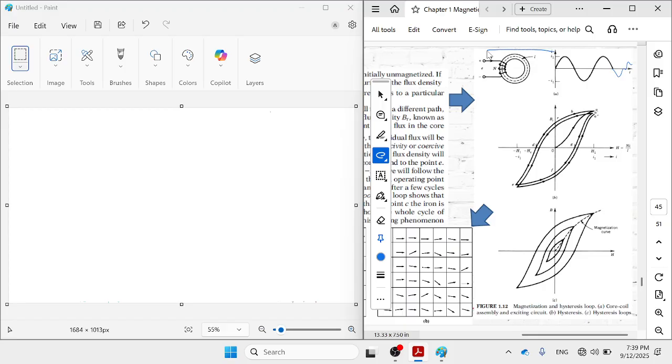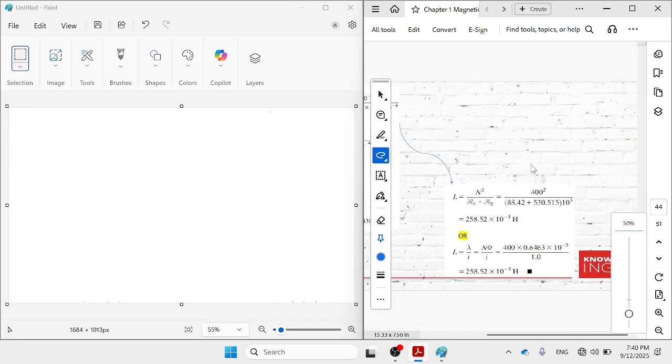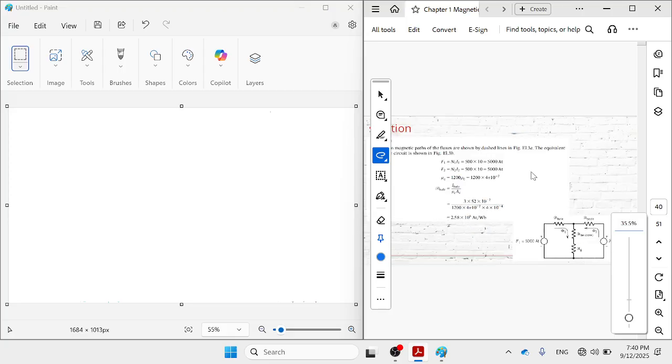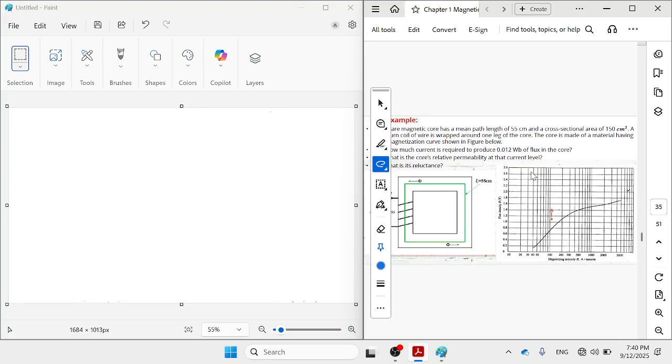So if we inject this current at this point, what is the result? You can see the result is given here, but it is maybe really strange for you. The BH graph before wasn't the same as this one, correct? That one I previously showed is this one.